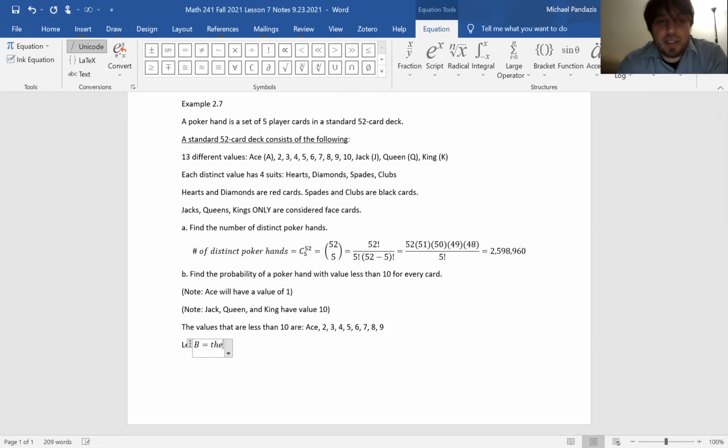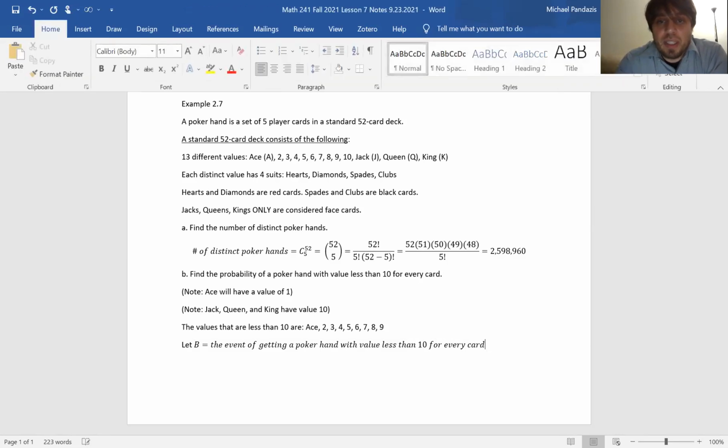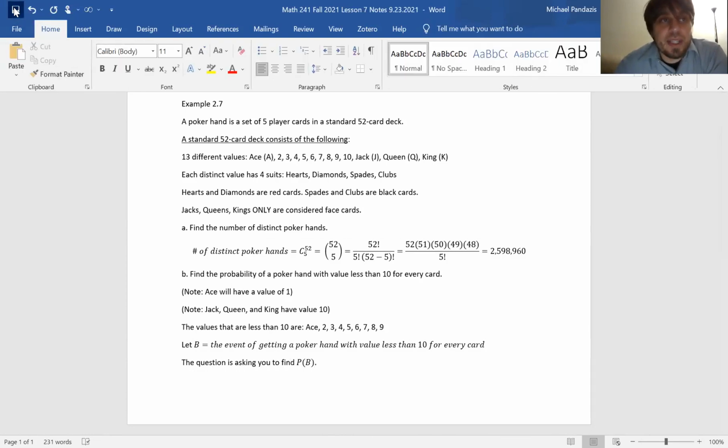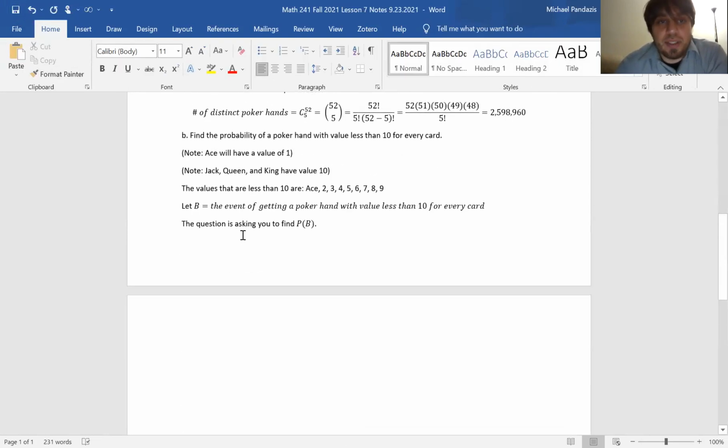So let B equal the event of getting a poker hand with a value less than 10 for every card. The question is asking you to find the probability of that event B.